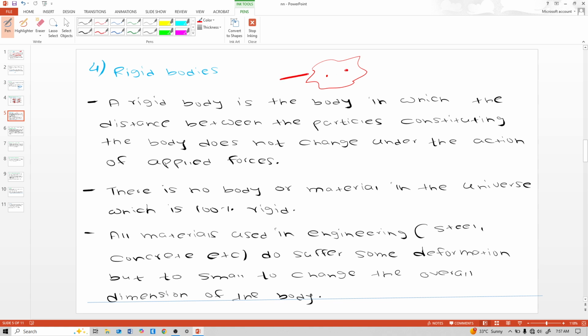If force acts on this body, due to that force this particle will not change its position. This particle will remain as it is in this position. So this is the meaning of a rigid body. The distance D between the particles should not change when any force acts on this body.